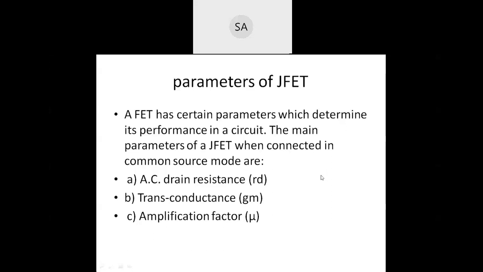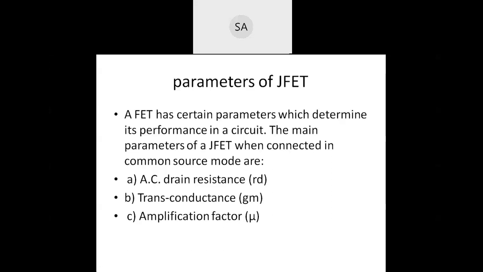parameters of a JFET. Like whatever we have discussed in the BJT, we discussed the different parameters which define the characteristics or the performance of the BJT, which are known as the factors alpha, beta, gamma.